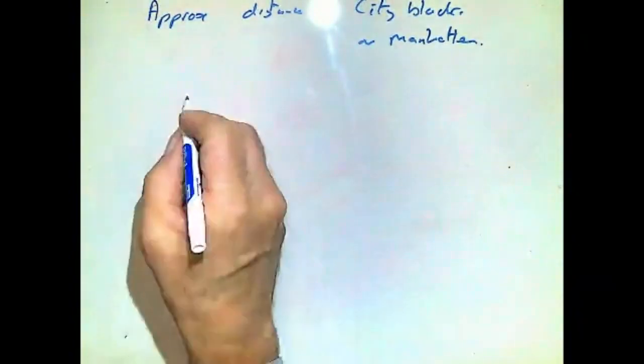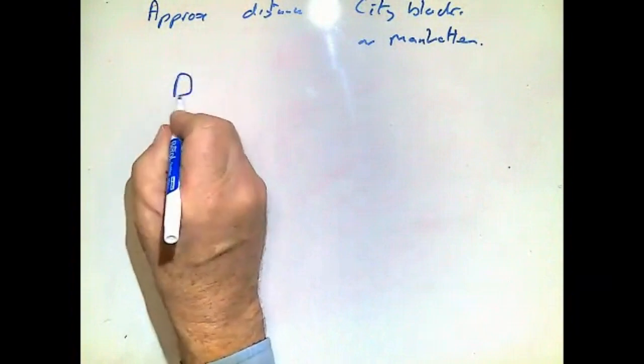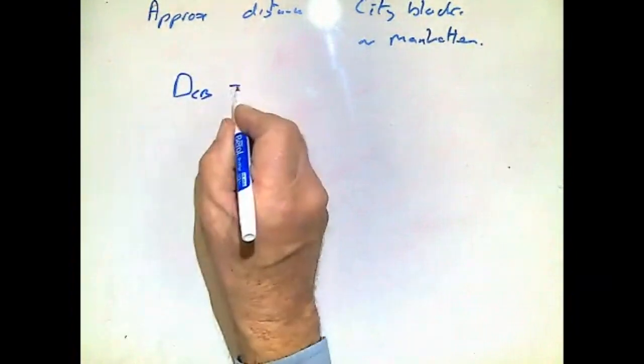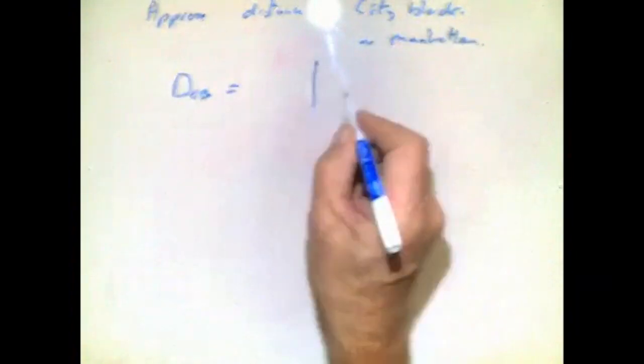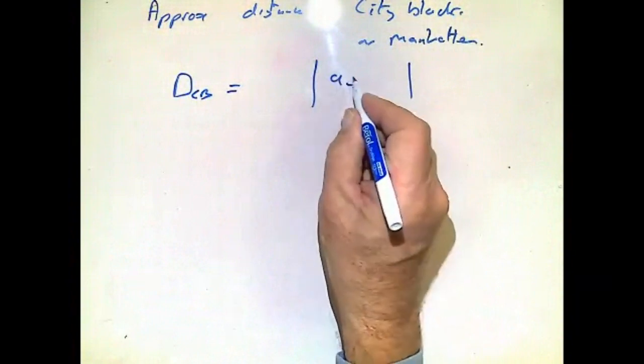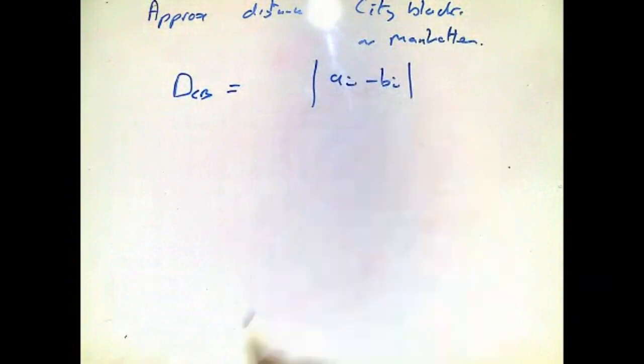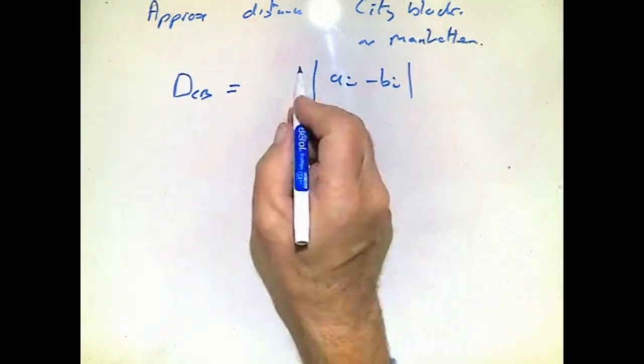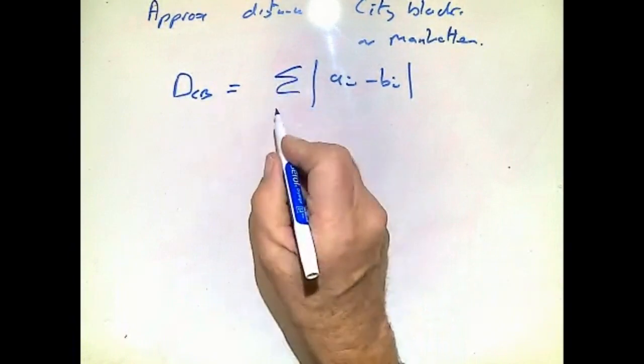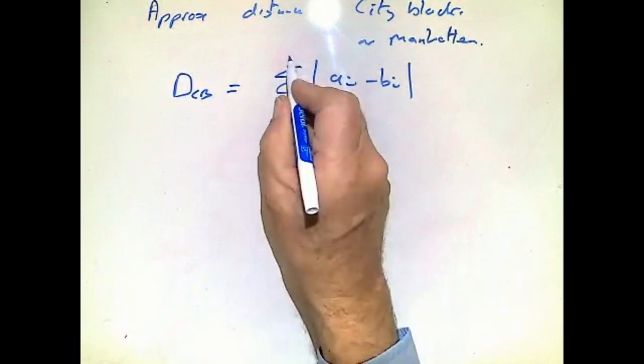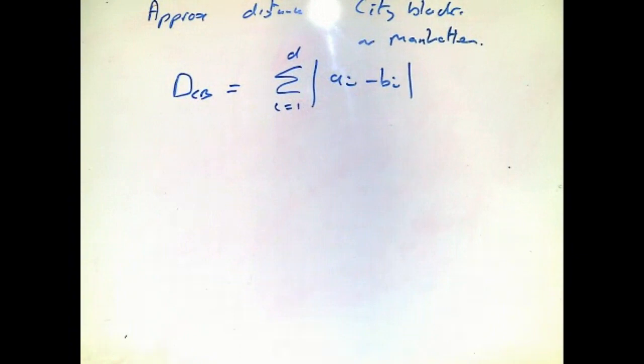And for the city block, we calculate dCB is equal to the mod of the difference of the corresponding elements. And again, it doesn't matter whether that is the other way around, because you're taking the mod. That removes the problem. And of course, it's a summation over all dimensions, i equals 1 to D.